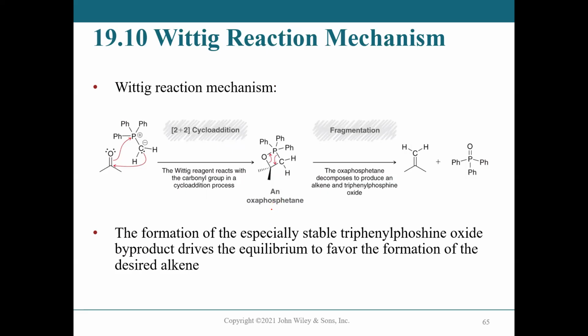So this generates an oxaphosphetane, and the oxaphosphetane decomposes to produce an alkene and triphenylphosphine oxide. So here, this is where we're forming our double bond. The formation of the especially stable triphenylphosphine oxide byproduct drives the equilibrium to favor the formation of the desired alkene.